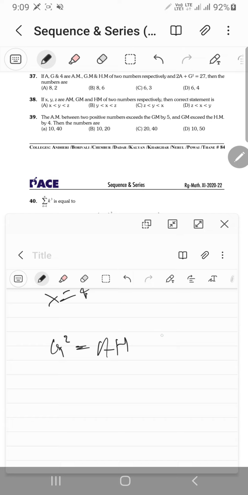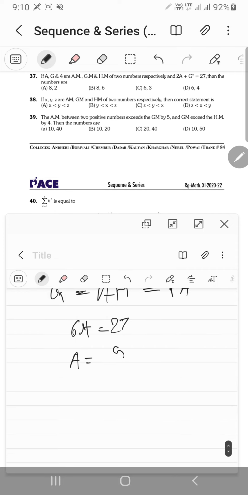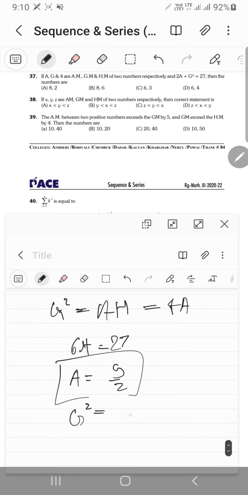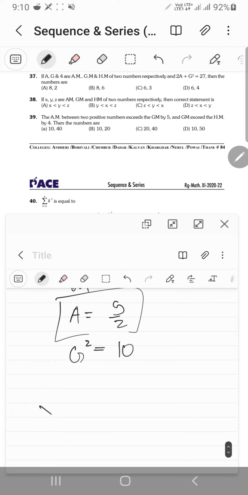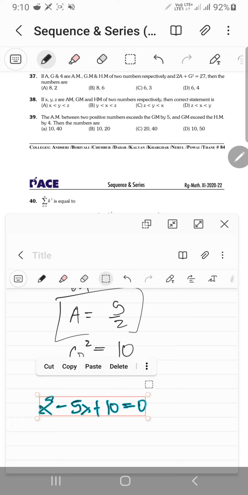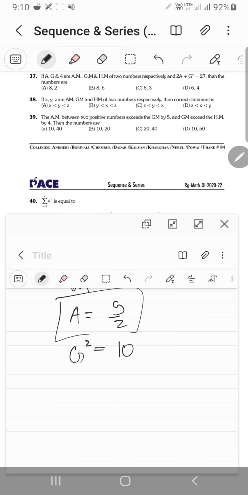And in this case H is 4, so this is 4 times A. Putting that in there, you just get 6 times A is 27. So A is, wait, really, why is this? Okay, this is 9 upon 2, and G squared, which is 4 times A, that is 10. Yeah, so the addition is 5, so just x squared minus 5x, and the multiplication is 10. Okay, this is bad. How can that be? Addition is 5 and multiplication is 10? No, that doesn't make sense.